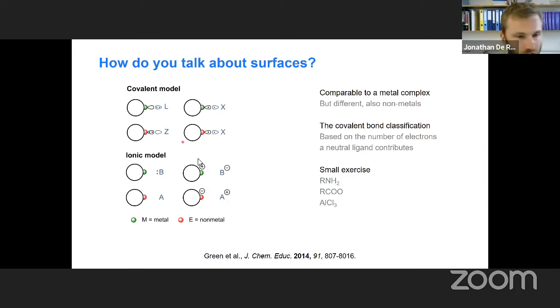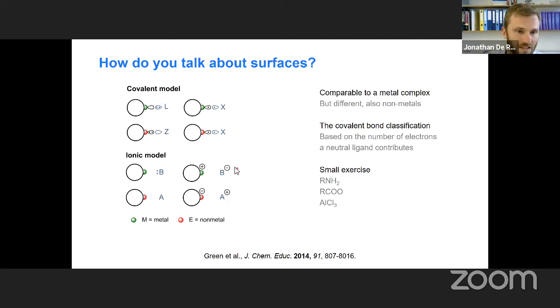And now I also want to introduce you to the ionic model, which is a bit more intuitive. Because here we just talk about neutral and charged acids and bases. And there is a one-to-one correspondence between the covalent and the ionic model. So an L-type ligand is a neutral base. A Z-type ligand, that's a neutral Lewis acid. X-types, well, there are two kinds of X-type ligands.